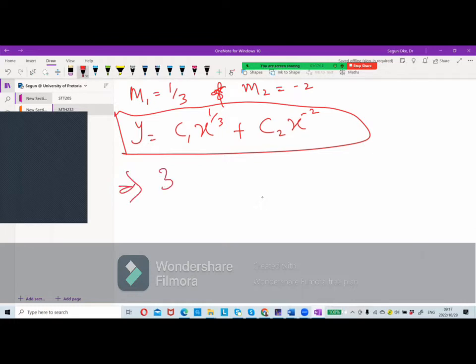You said you have 3m squared plus 5m minus 2 equals 0. So in this case, you have to be smart and be careful here, or else you miss it.